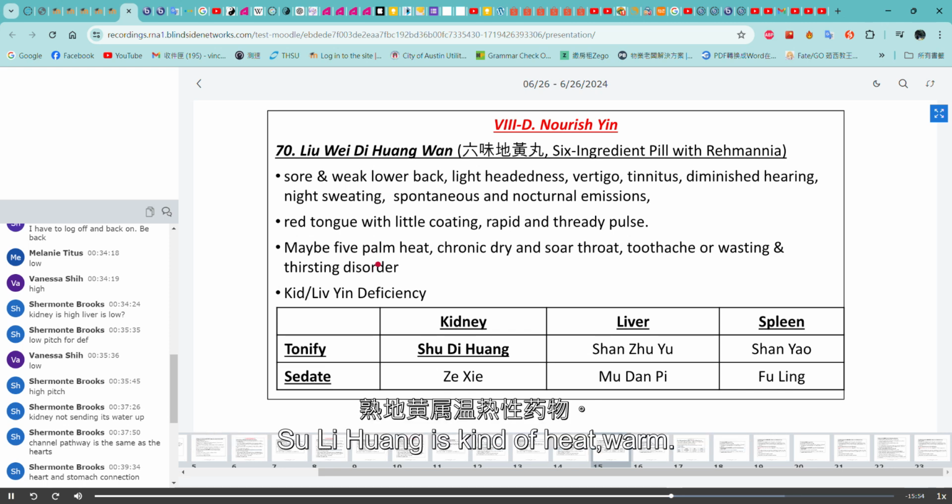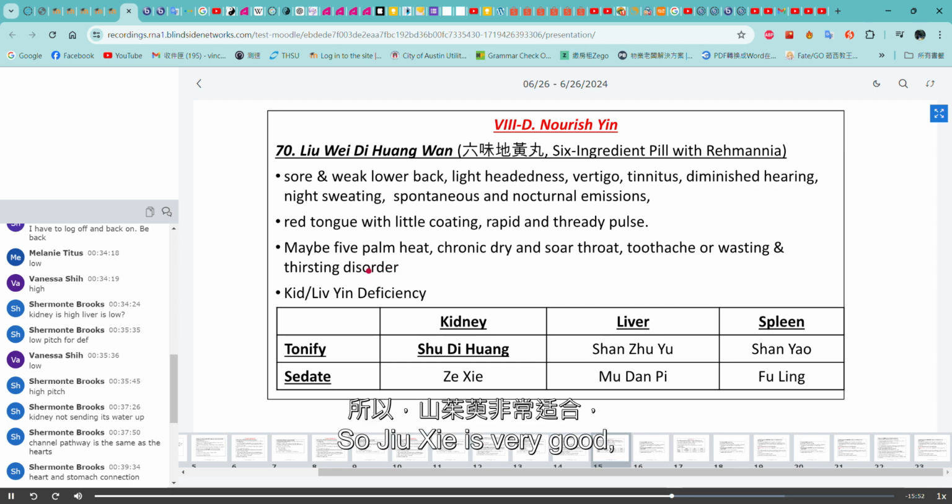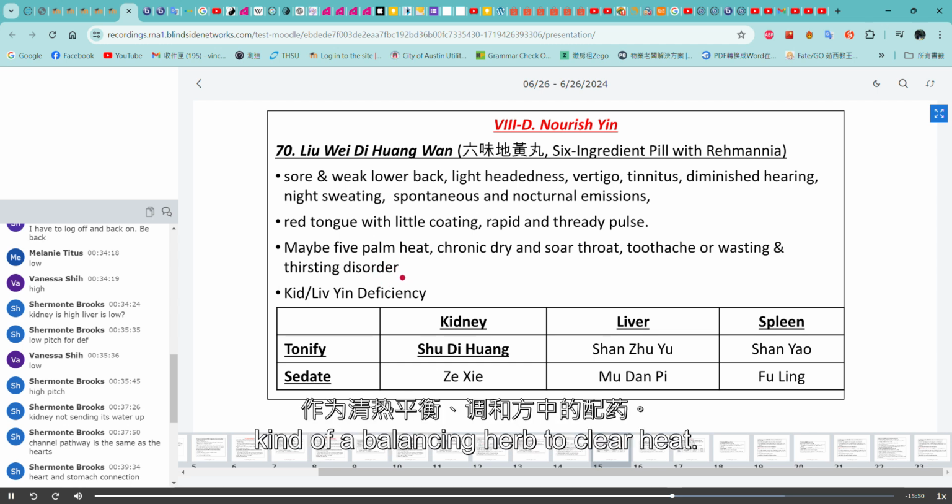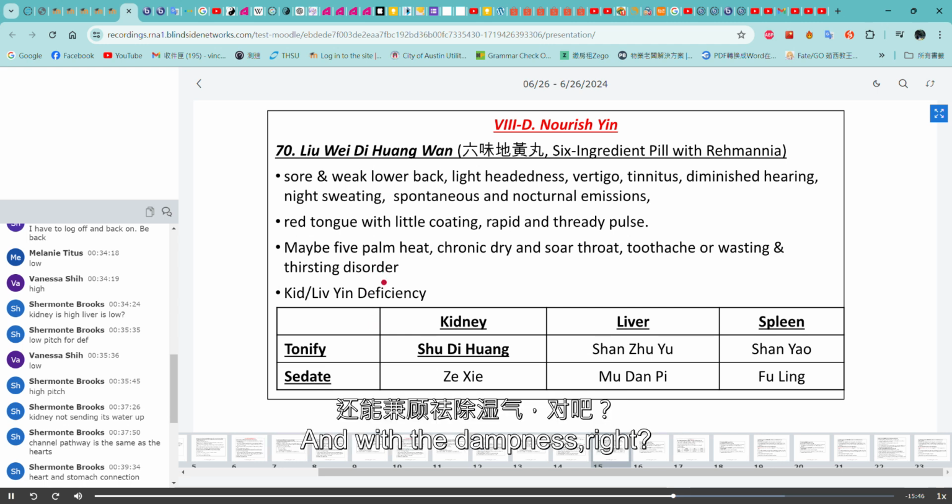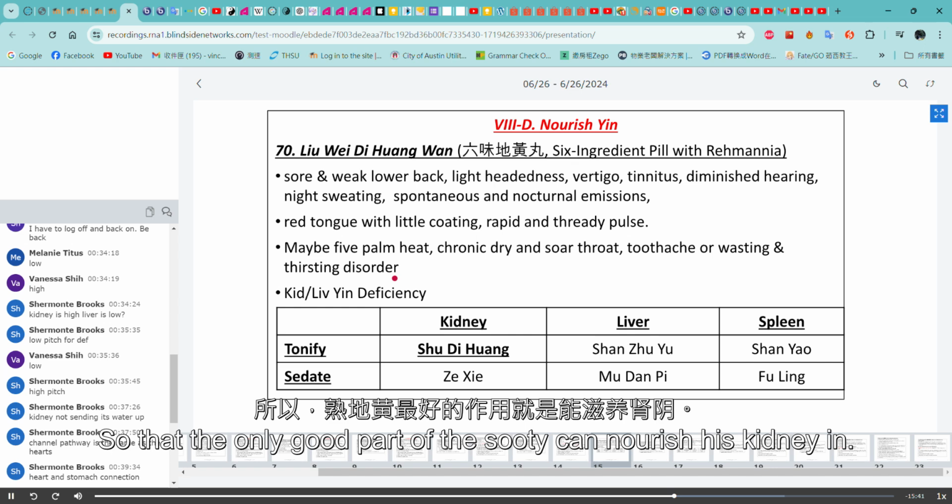Shu Di Huang is kind of warm. So Ze Xie is a very good balancing herb to clear heat and dampness, so that only the good part of the Shu Di can nourish the kidney yin.